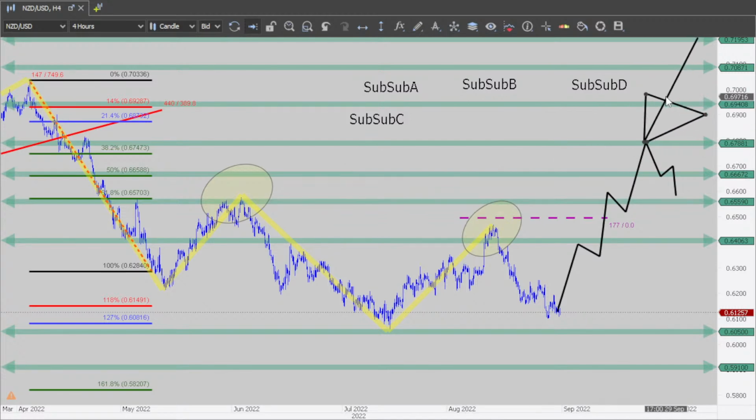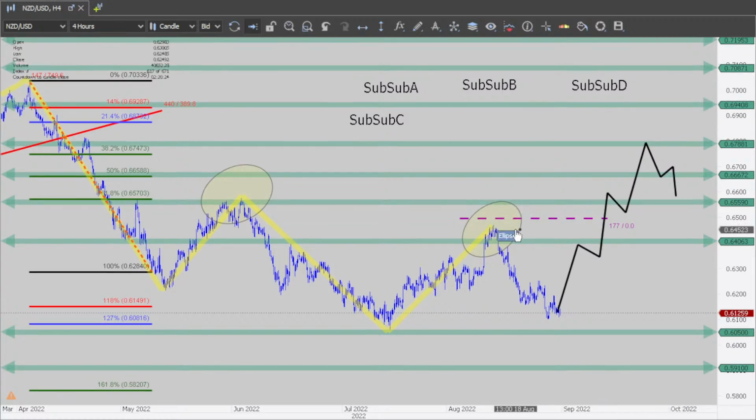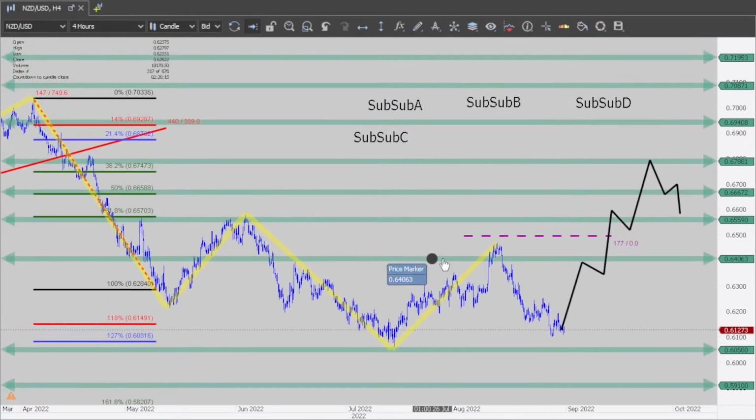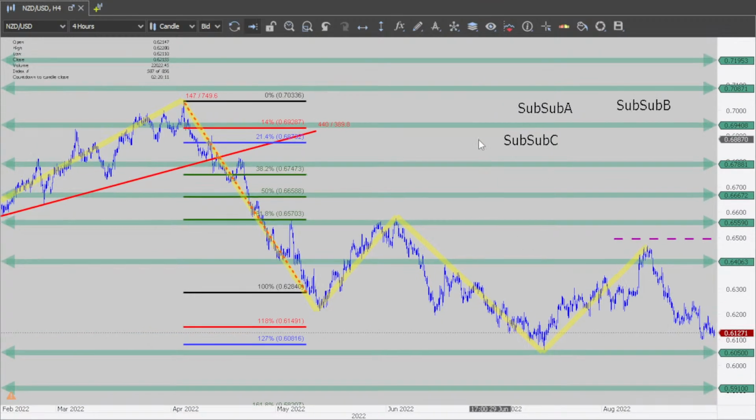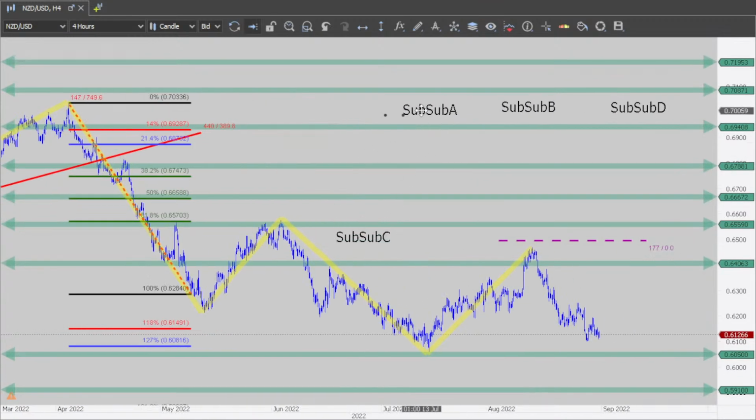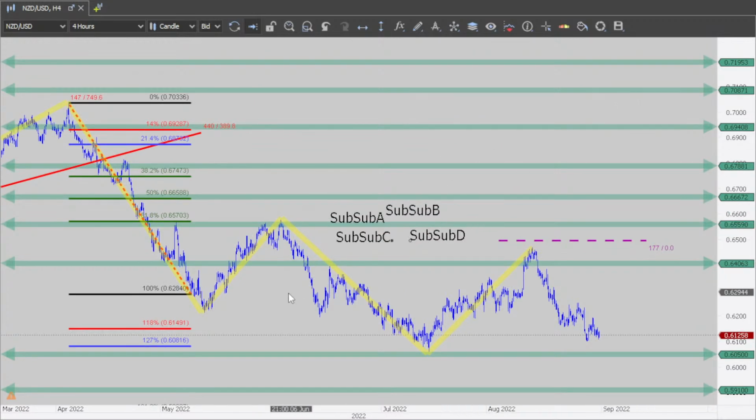The answer would be no. This is the higher high. So we would start up in here. Make sense, everybody? Type in the chat, yes, it makes sense, or no, it does not make sense. Okay, very good. So sub A, sub B, sub C, sub D.